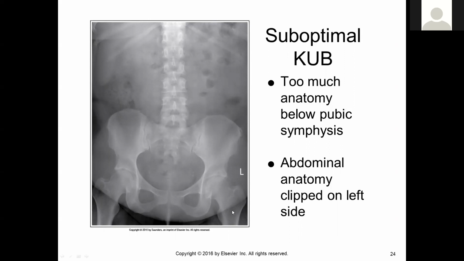Because not only do we have unnecessary anatomy down here, we only need just that split visible. So we've centered, we are centered too low. We've also clipped off anatomy. Note that we don't have anatomy here. We have some abdominal contents on the left side that are clipped off.